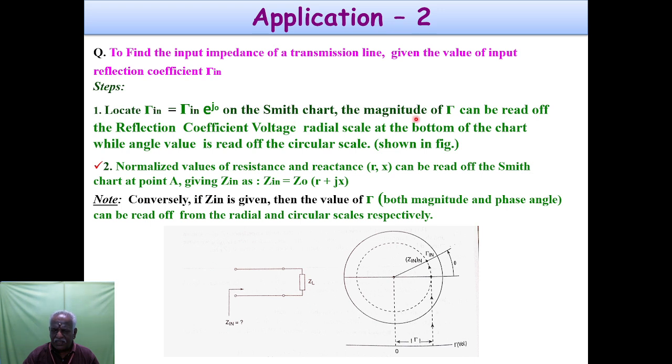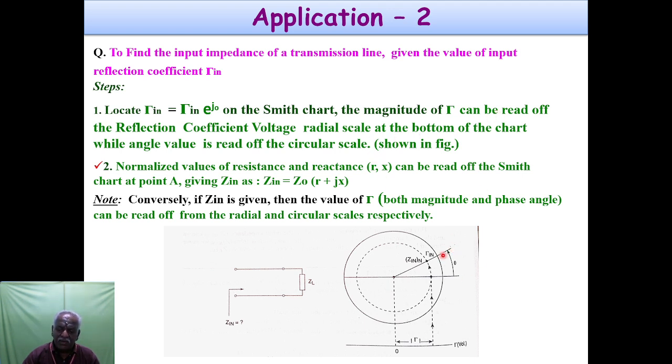So this is marked here. Gamma input is given here, and the magnitude part can be read here on the radial scale. Along the circular scale we can mark the degree value of the reflection coefficient.